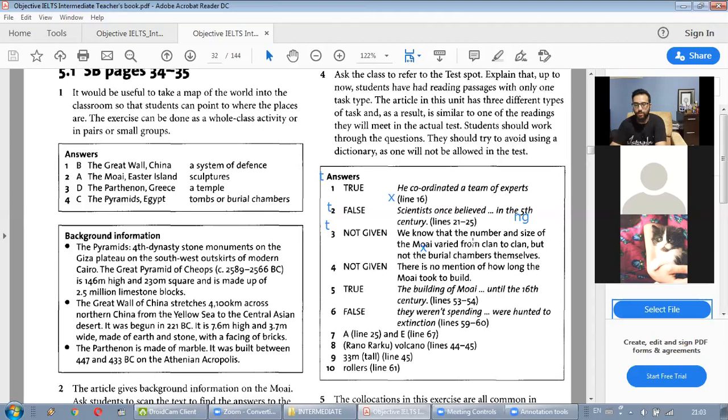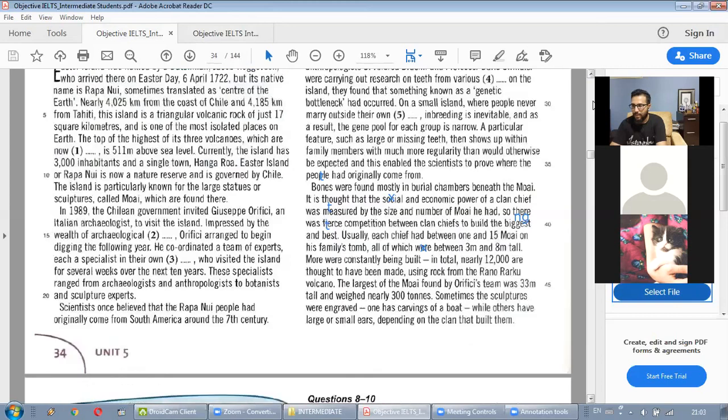Because if you go back to the text, let me show you where it is. Here in the sentence, do you see this part? Bones were mostly found beneath... Here it is. Was measured by the size and number of the Maui. And so 3 was fierce competition.